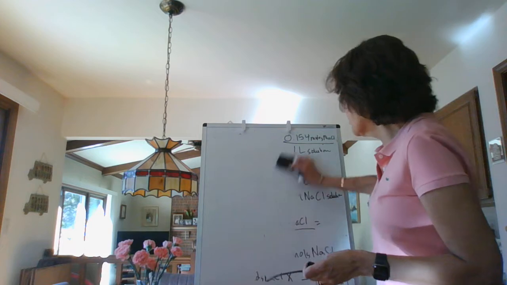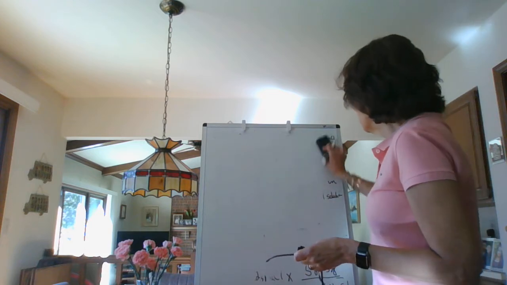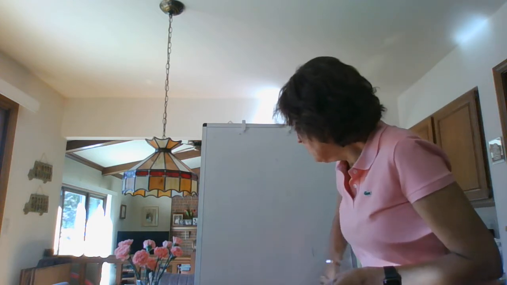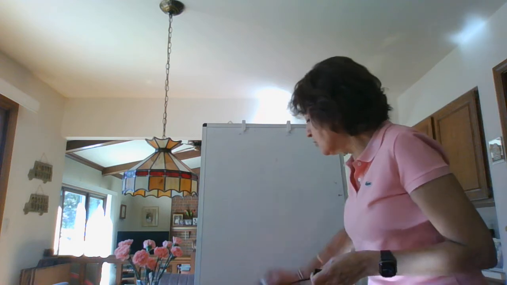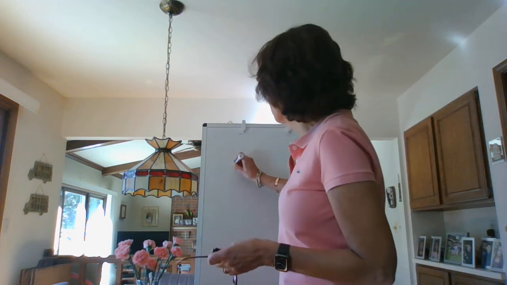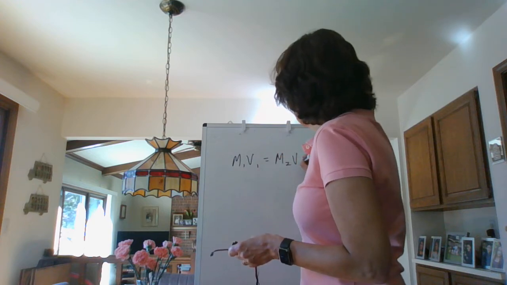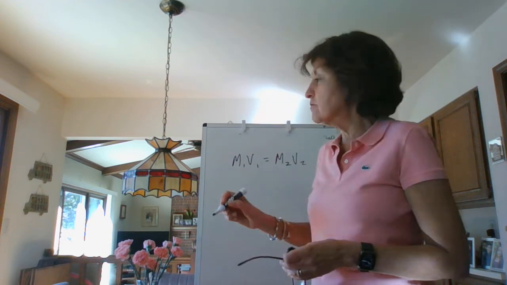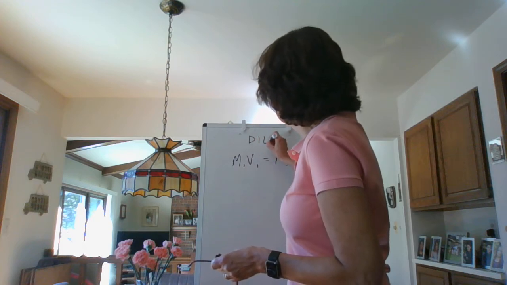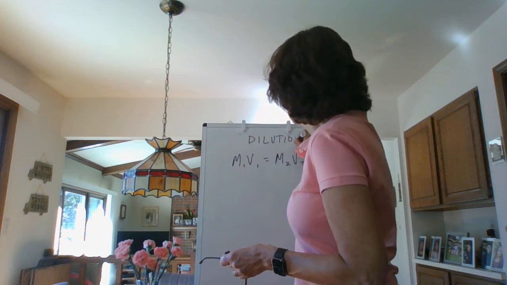And normally we just go M1V1 equals M2V2. Please, please, please, I beg of you, don't ever use M1V1 equals M2V2 for anything except dilution. So this is only to be used for dilution problems.